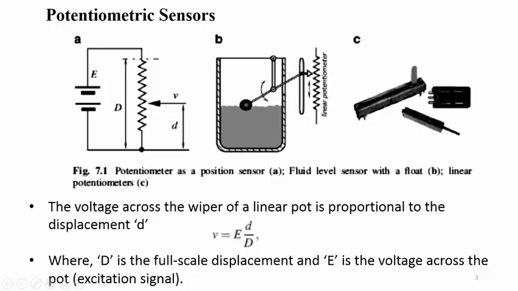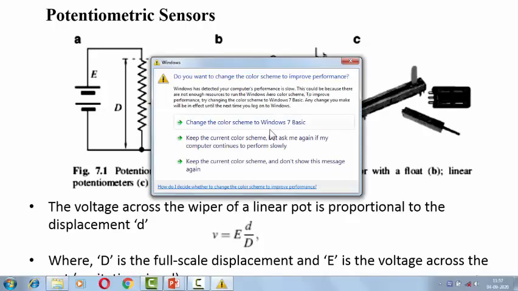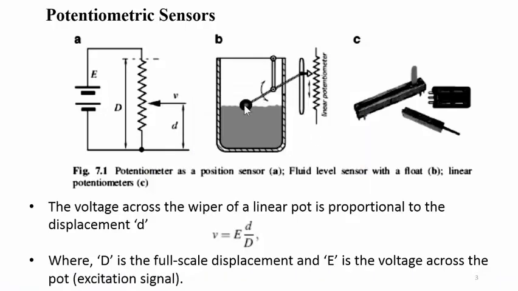The second application of this potentiometric sensor is shown in figure B. In this mechanism, one float is connected to a rod, and the other tip of the rod is connected to the wiper of the potentiometer or pot. Depending on the liquid level available in the tank, the float will move upward and downward.